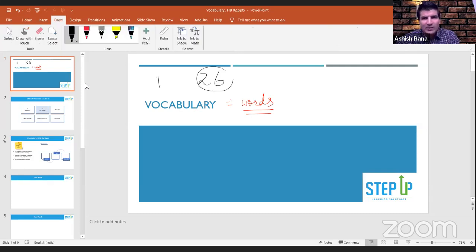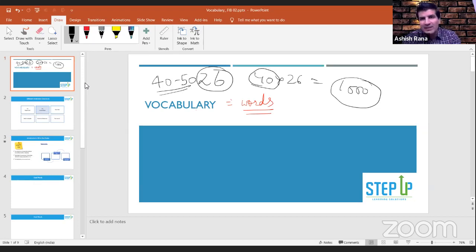A to Z, how many alphabets are there? 26. So assuming 40 to 50 words per alphabet, 40 into 26, your vocabulary is approximately 1000 only. This is when I am assuming all of you know around 40-50 words per alphabet. In reality it may be a little lower as well, right?